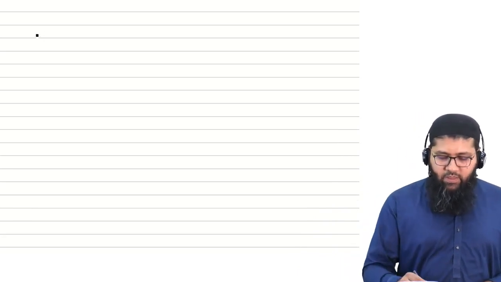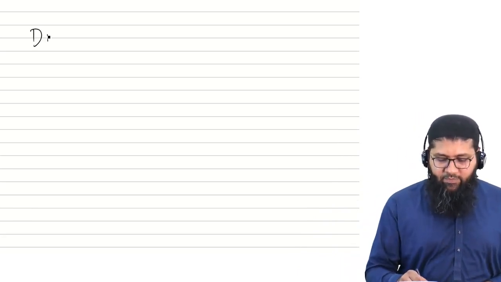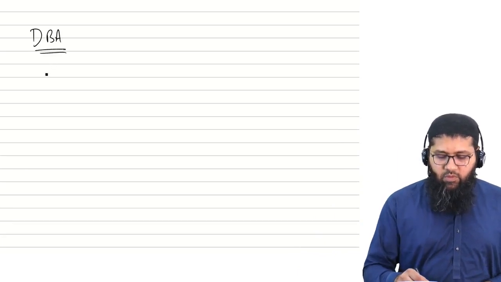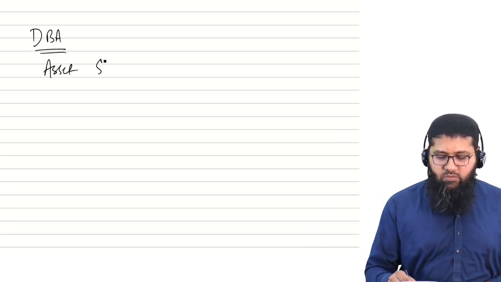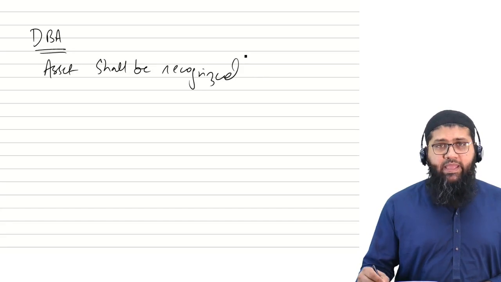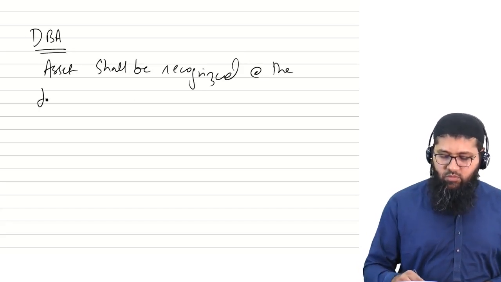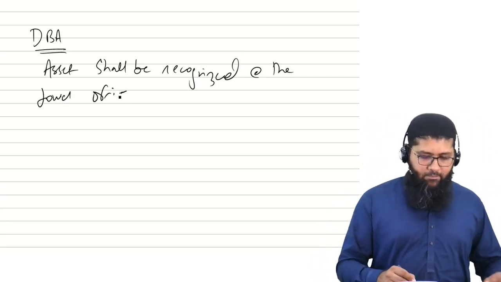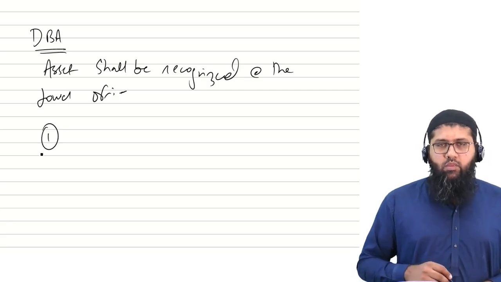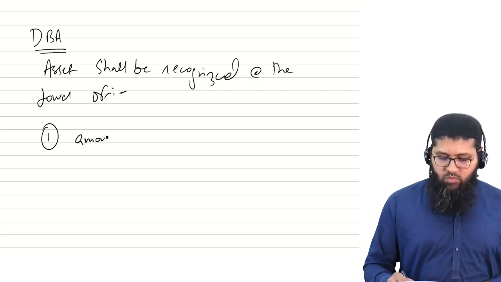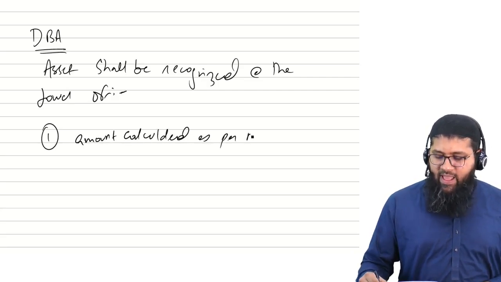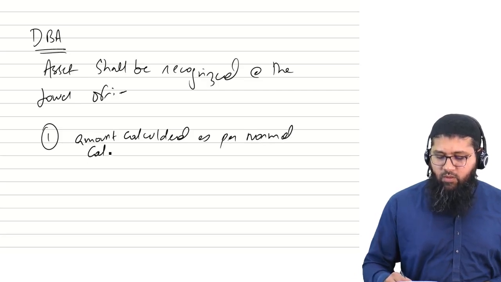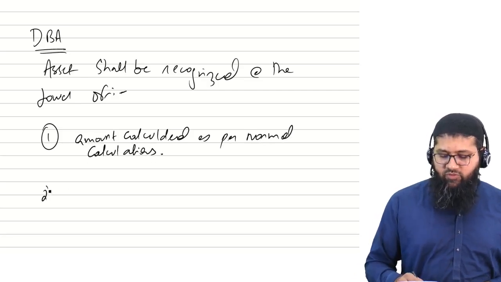And what is that limit? In case of defined benefit asset, the asset shall be recognized at the lower of the amount calculated as per normal calculations.